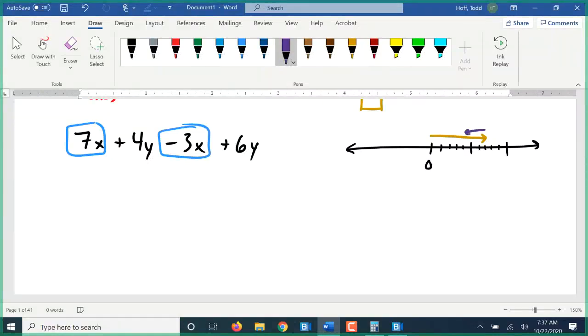That result is a 4, because we end up at the 4. So 7 plus negative 3 is 4, and we keep the same name of x. We have the 4y and the 6y. 4 plus 6 is 10, and we keep the same name as y.